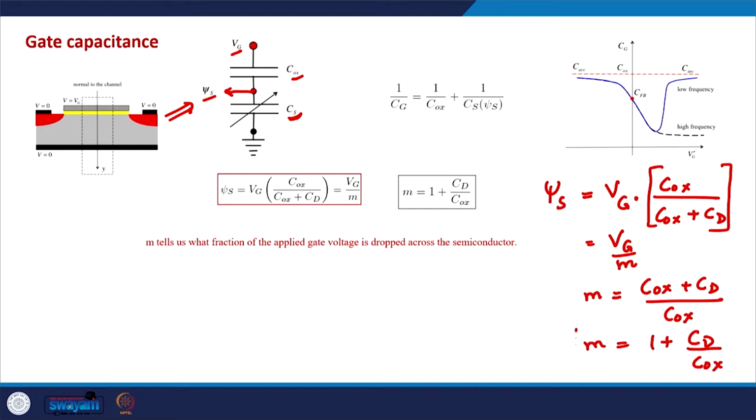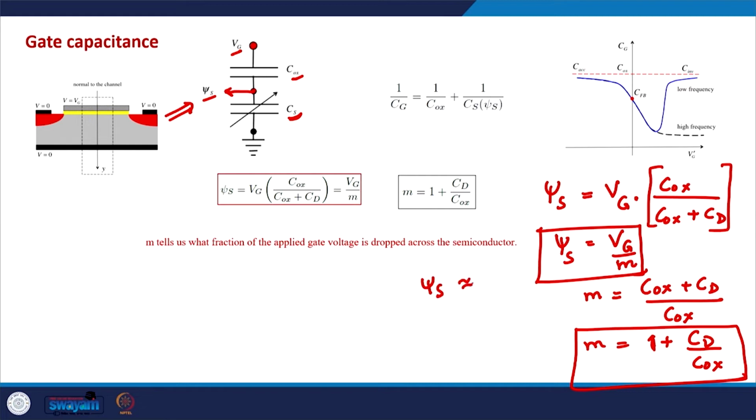So, this m, as you can see, is a number greater than 1, and from the relationship psi s equals Vg by m, we see that if m is a large number, psi s would be small compared to Vg, and if m is closer to 1, psi s will be almost equal to Vg.